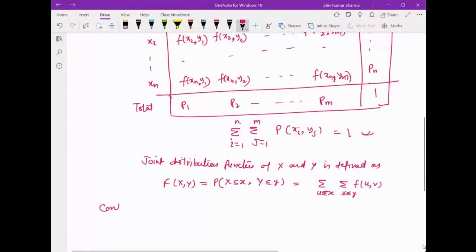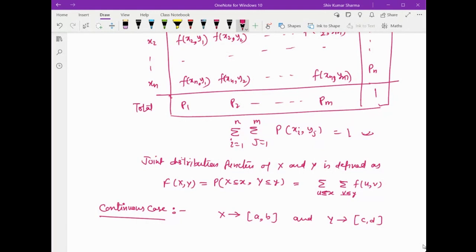And now we talk about the continuous case. For the continuous case, we are given an interval. So random variable x takes values between a and b, and random variable y takes values between c and d.